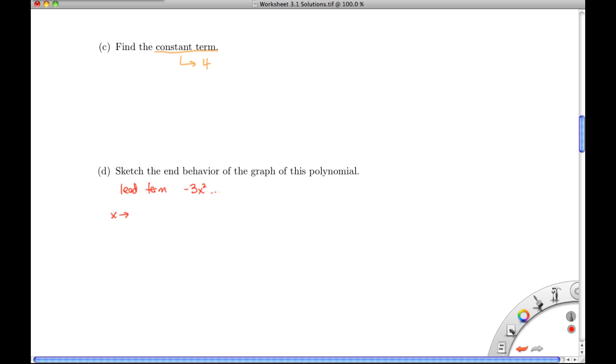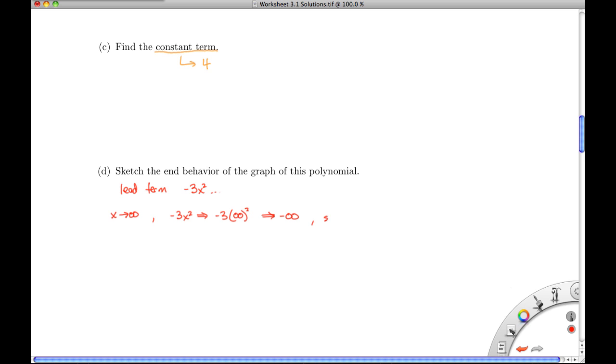As x gets infinitely large positive, minus 3x squared would be like taking negative 3 times an infinitely large number squared, and we could see that this is going to end up giving us negative infinity, because we'd square the positive infinity, which would give us an infinitely large positive number, times a negative coefficient would give us an infinitely large negative number.